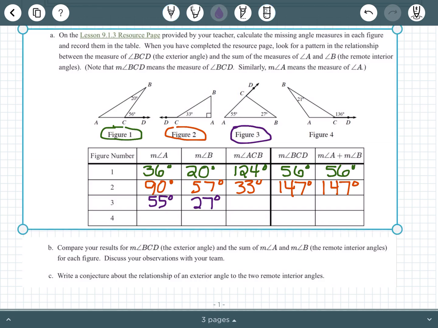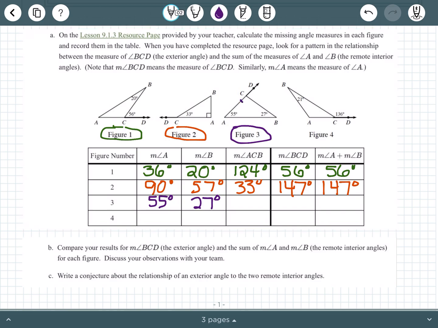So that means going from A to C to B, which is this angle. That angle we don't know, but we know the 3 inside angles of a triangle should add up to 180 degrees. So, knowing that, I'm going to add 55 plus 27, take that sum and subtract from 180, and I should have 98 degrees.